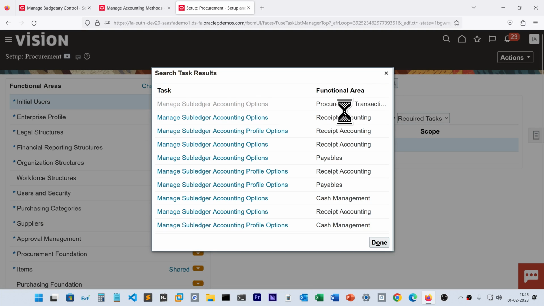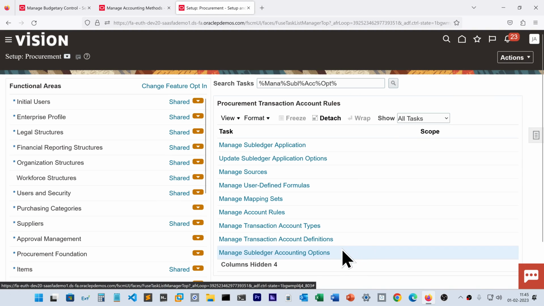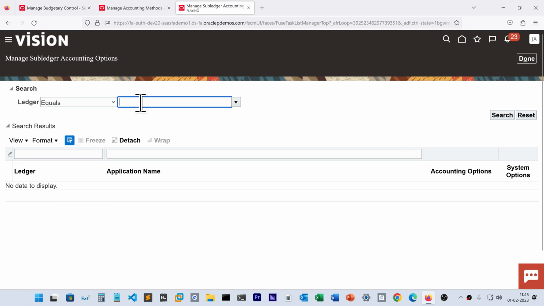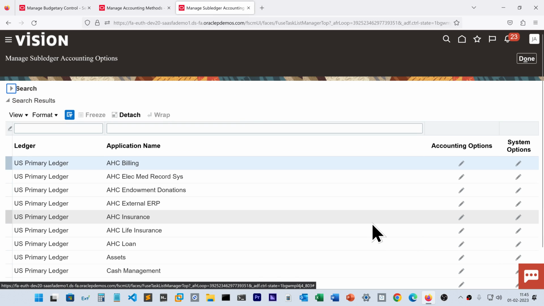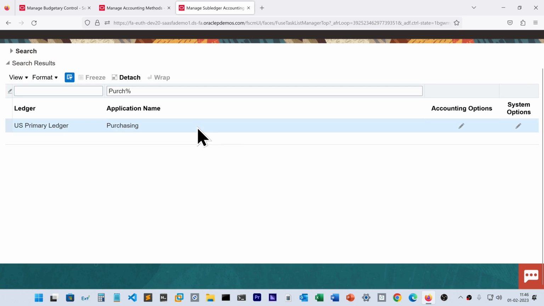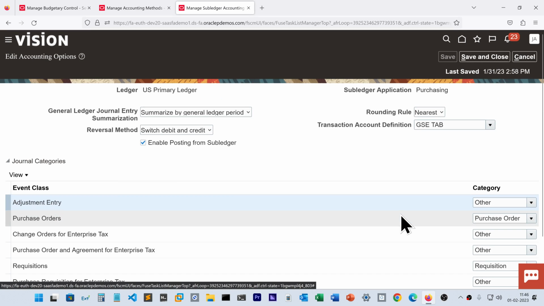For procurement transactions, open it, give a ledger name and search. Now look for purchasing here and click on accounting options.